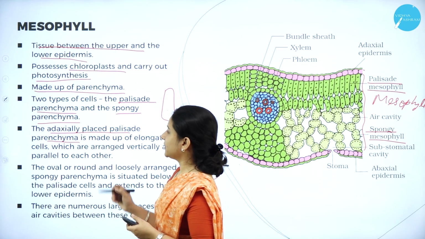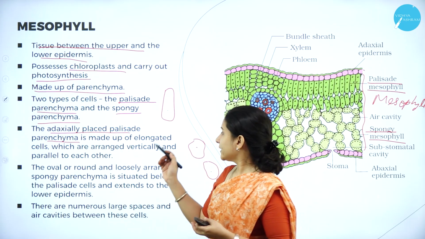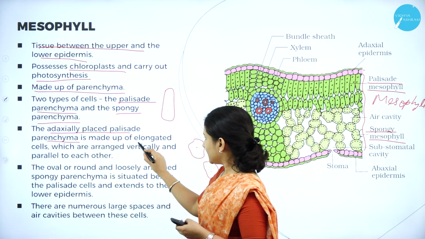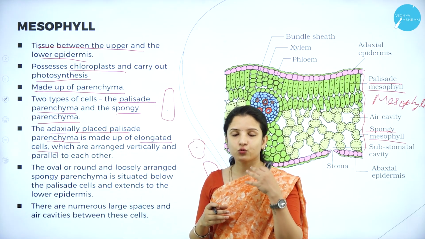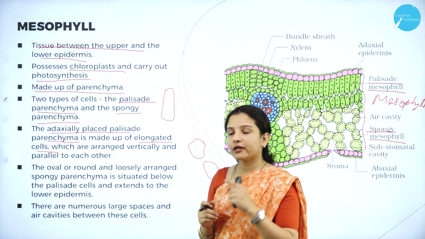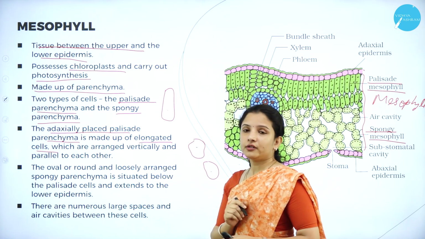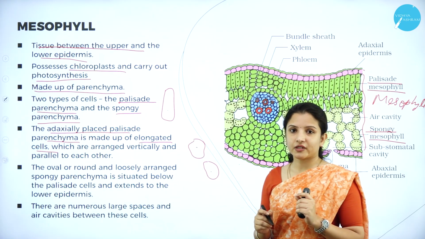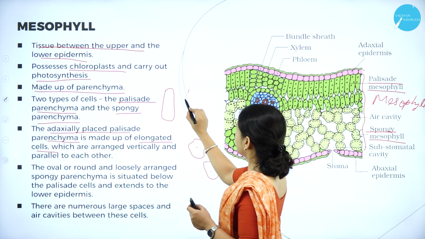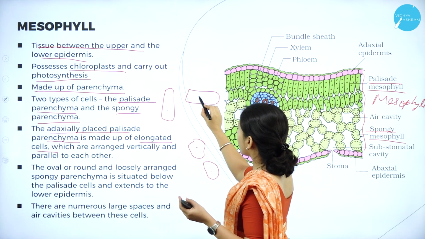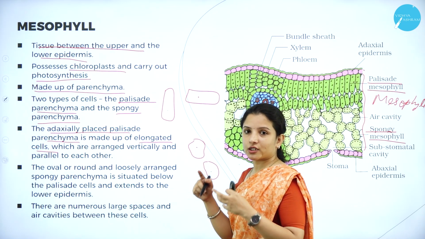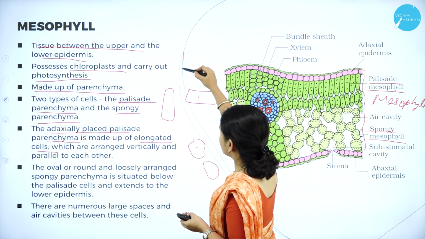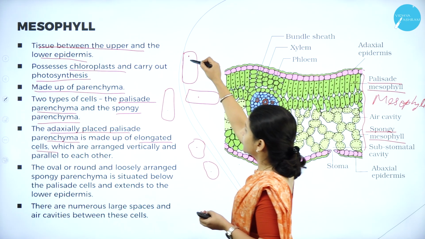So the adaxially placed palisade parenchyma is made up of elongated cells, as I had told you, and these elongated cells are arranged vertically. So when you draw the diagram, you need to be very, very careful. If you draw palisade parenchyma, don't draw it horizontal, it is wrong. Why? Because in the case of the dicotyledonous leaf, the palisade parenchyma are arranged vertically.